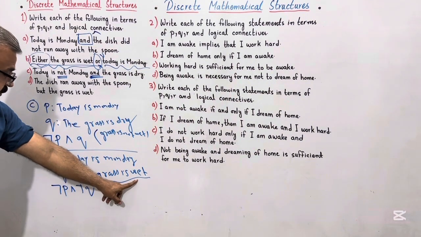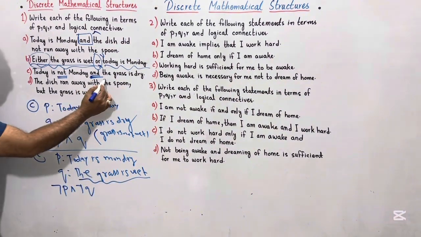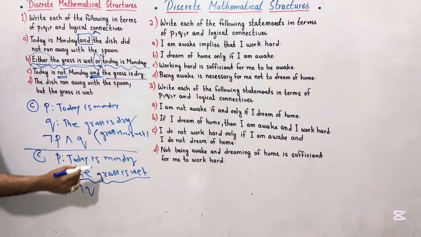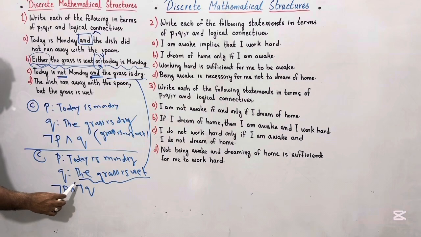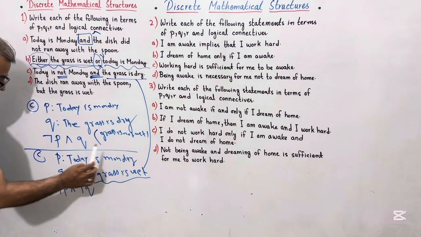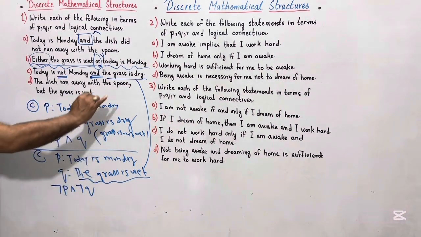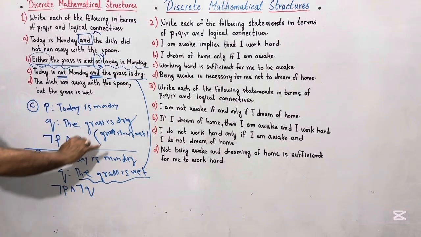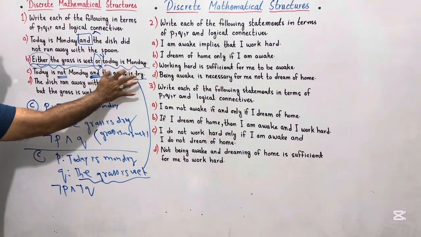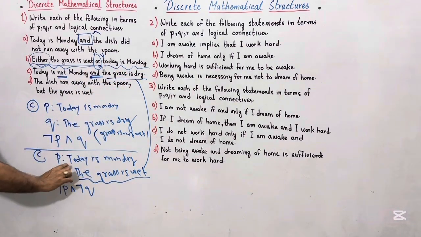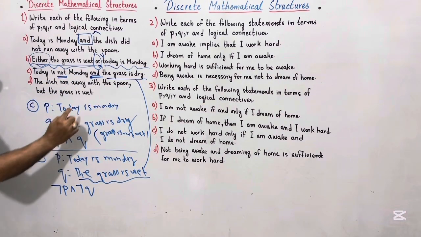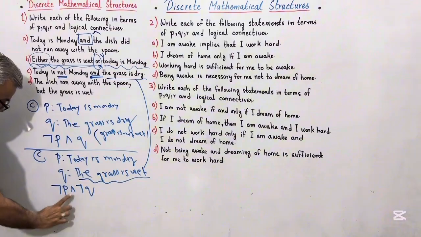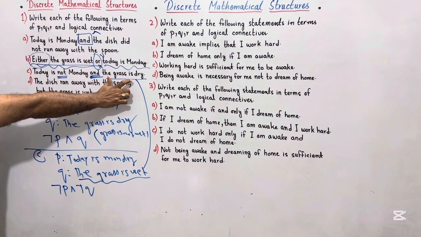We have taken this basic proposition and we have to write the grass is dry. I have written today is not Monday, not Monday means negation of P, and the conjunction "and" the grass is dry.